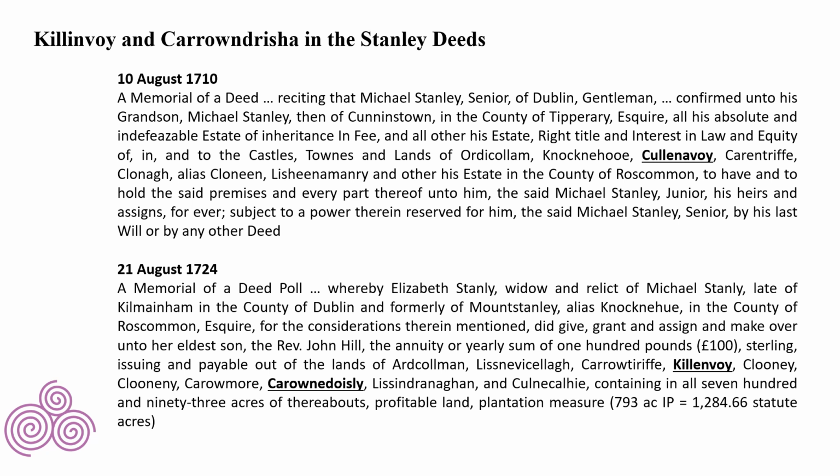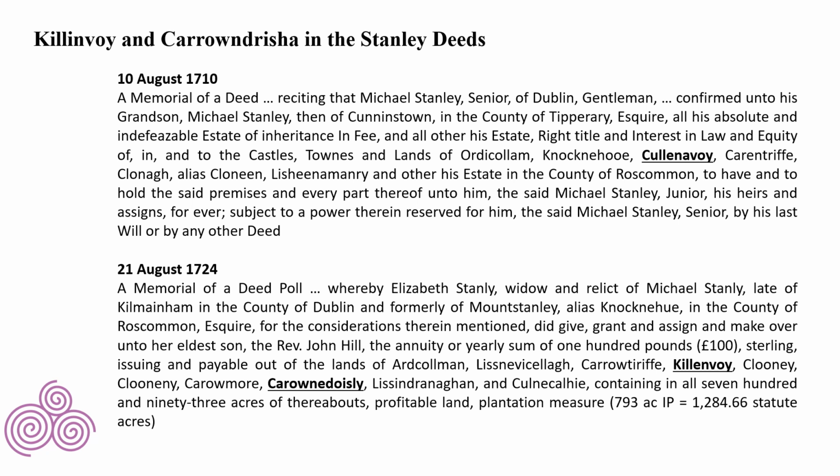This one is from 1724, which shows Michael's wife, Elizabeth, now remarried. She grants an annuity, or an annual payment, of £100 to her son, Reverend John Hill, from the estate, including Killenvoy and Caron Drossy. So these are two townlands listed in the initial grant, of course.